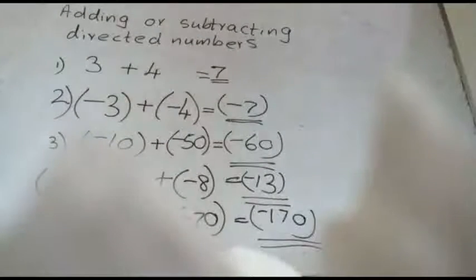Listen please. When adding two positive integers, add the two numbers without considering the sign and place the positive sign in the final answer. When adding two negative directed numbers, add the two numbers without considering the negative sign and then write the answer with the negative sign.